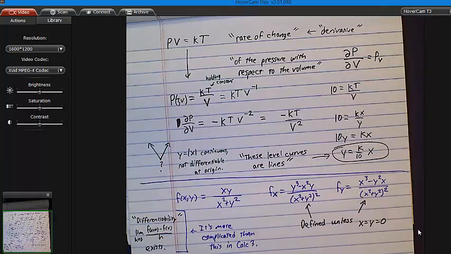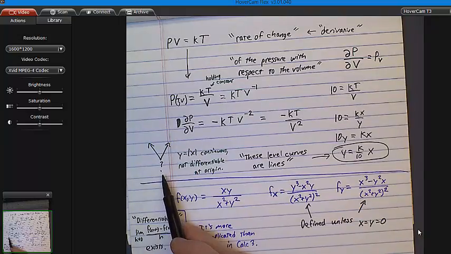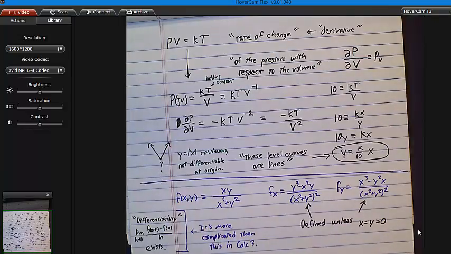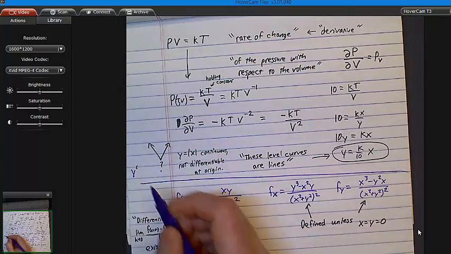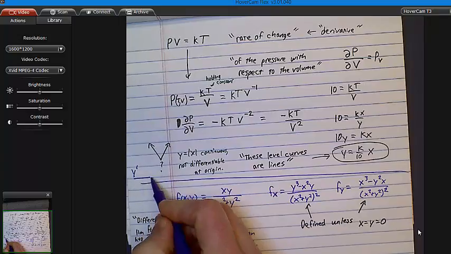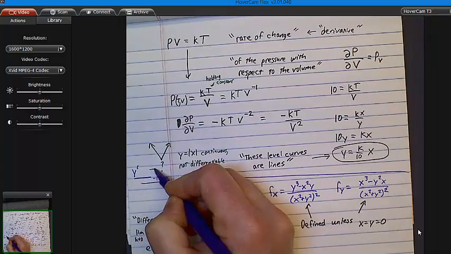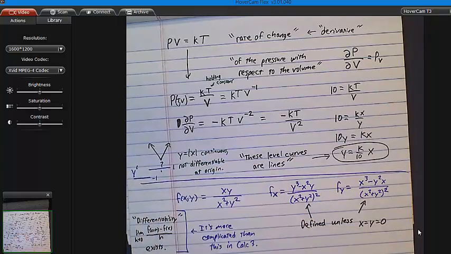See, the reason that this function was not differentiable was because if you graphed y prime back in Calc 1, it was either negative 1 or positive 1, right? So y prime is not continuous at the origin. We're going to show that that happens today also.